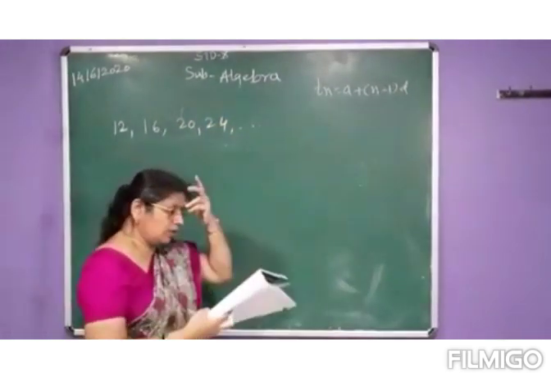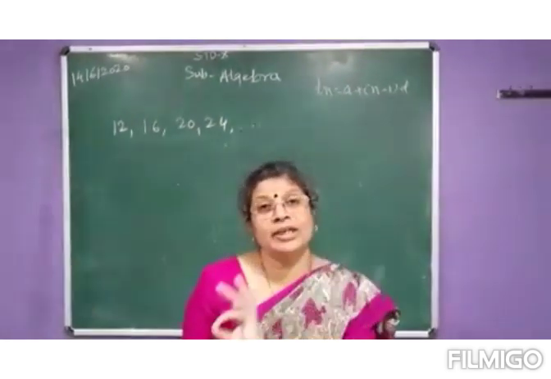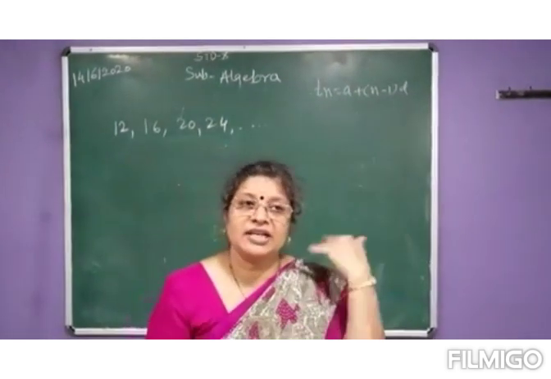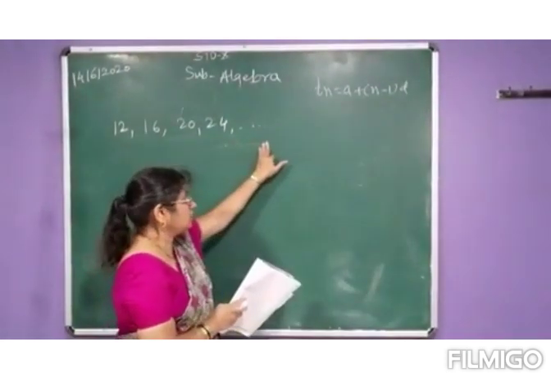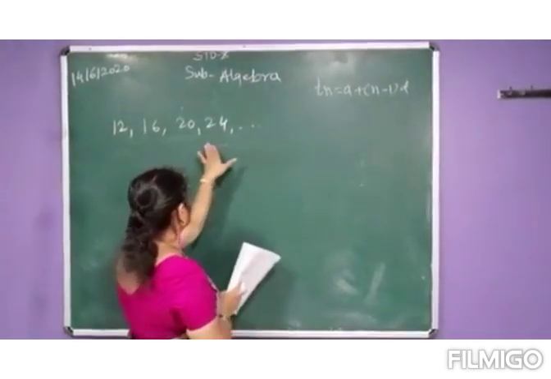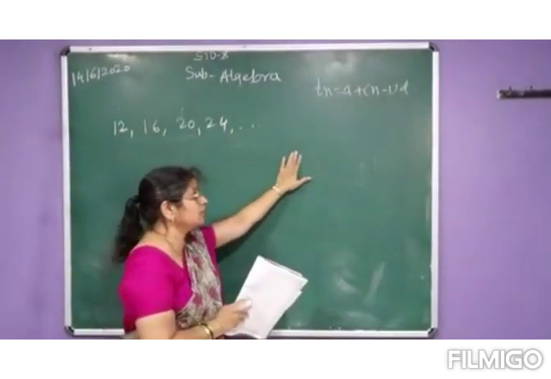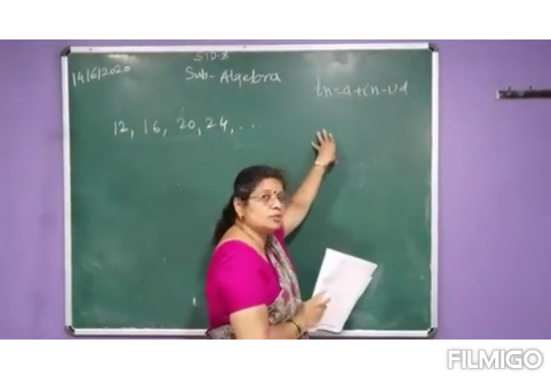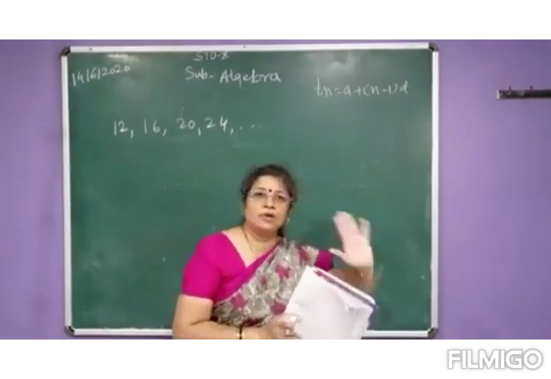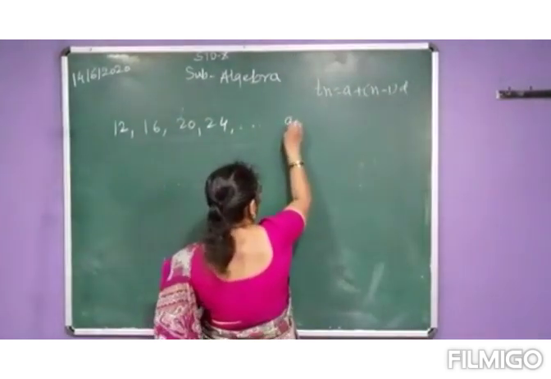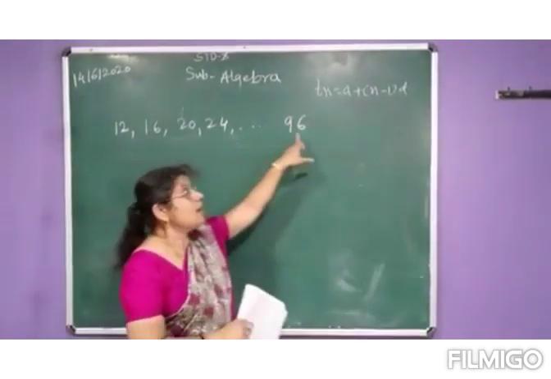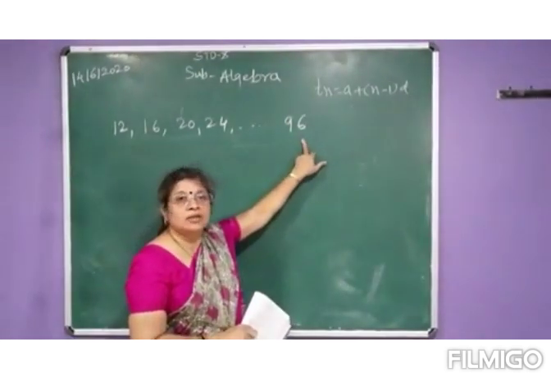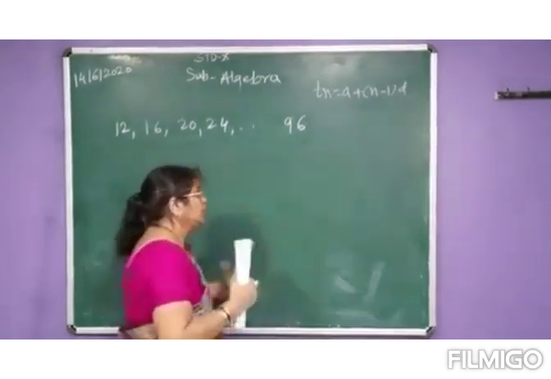And what question is asked? How many two-digit numbers are divisible by 4? Now in this arithmetic progression, which is the last two-digit number which is divisible by 4? That is 96. Correct? 96 is the last two-digit number divisible by 4.